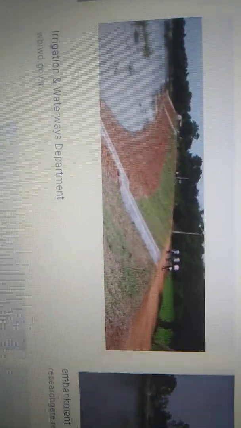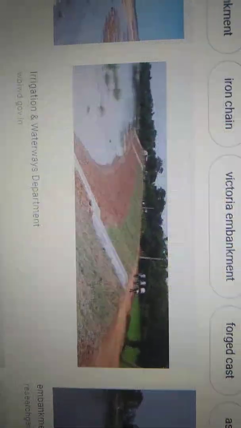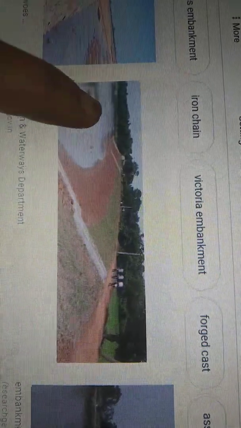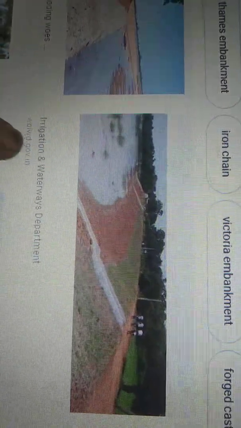Next, construction of embankments. This is one where I have to explain now. Are you seeing these? Embankments are constructed along river banks to prevent soil erosion. They are built by the Irrigation and Waterways Department.